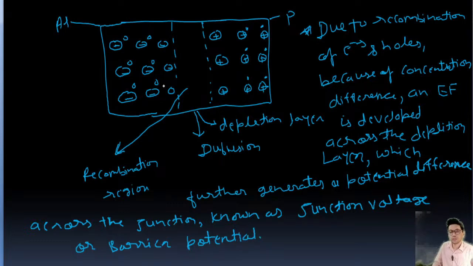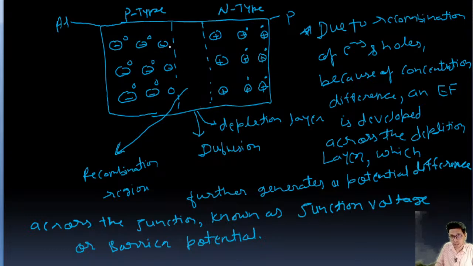So this is P type and this is N type, guys. When we connect P type and N type, there's a PN junction, and that layer is called the depletion layer.